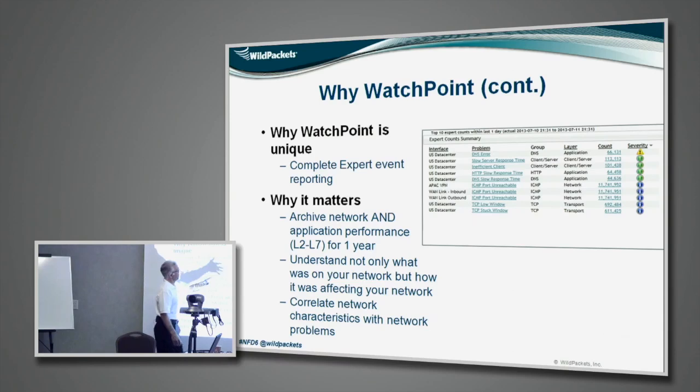There's just a few examples of them here, but things like HTTP slow response time, DNS slow response times, ICMP ports unreachable, DNS errors, those types of things. And again, because we're collecting from our own data, not from flow-based data, we're able to get a capture of all of these expert events as well, and be able to use those in the monitoring system to guide users back into the appropriate data.